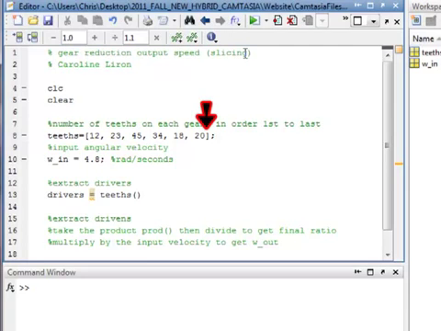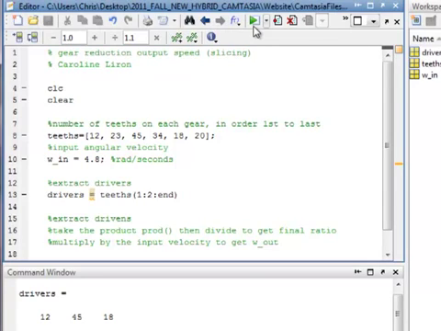Keep in mind I could add more, so I want to basically go from 1 to the end, whatever it may be, by increments of 2. Just to tell myself that I am doing this right, I can run it: 12, 45, and 18. So I am happy, I can continue.